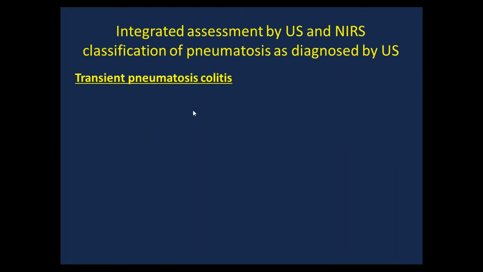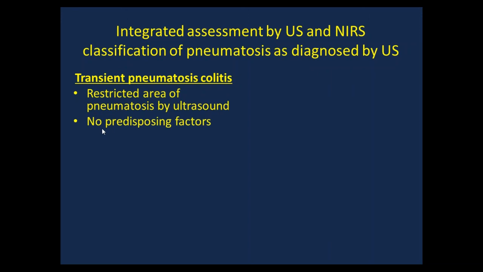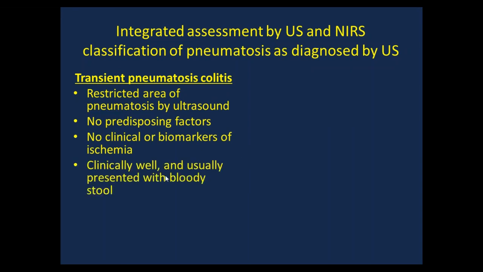In our center, we rely on both ultrasound and near-infrared spectroscopy for classification of pneumatosis as diagnosed by ultrasound, and we can identify 2 main categories. First, transient pneumatosis colitis, which is not really necrotizing enterocolitis: only restricted areas of pneumatosis by ultrasound, no predisposing factors like prematurity or congenital heart disease, no clinical signs or biomarkers of ischemia.